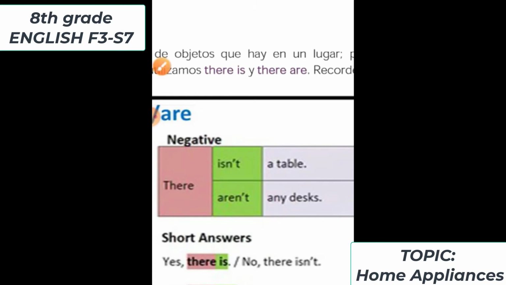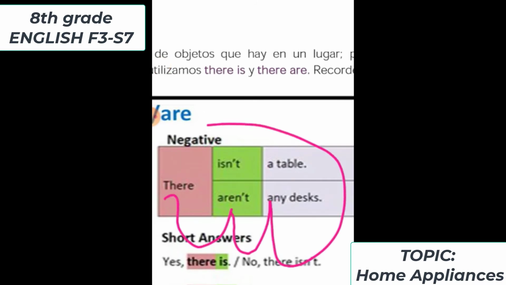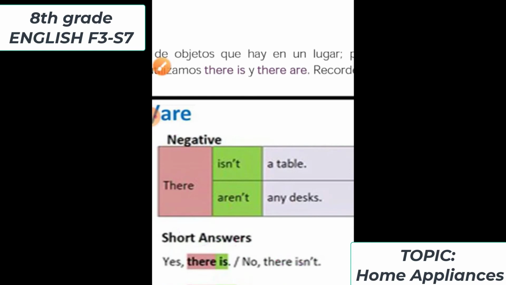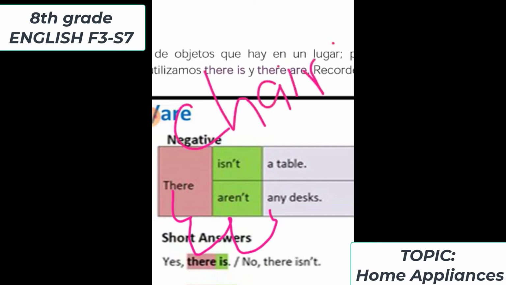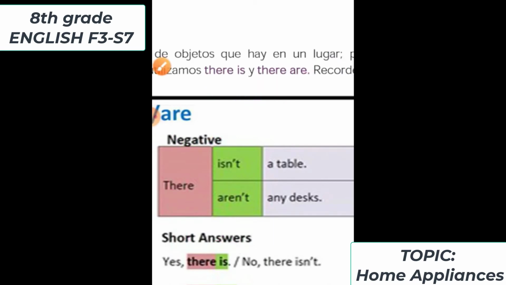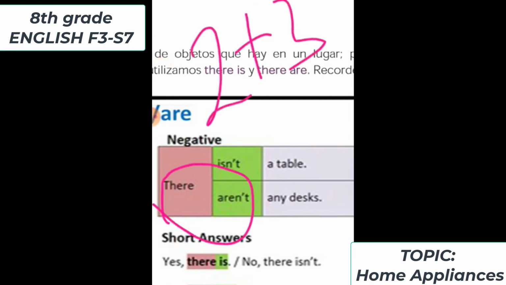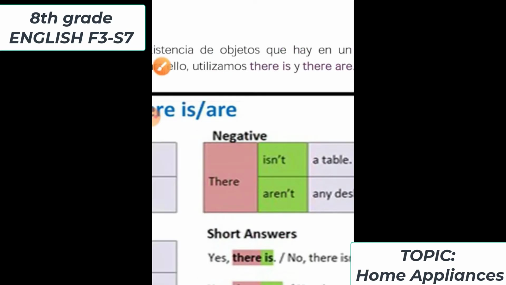Lo mismo decíamos con sillas. There aren't any chairs. Recuerda, there isn't es para singular cuando solo hay uno. Y there aren't es para plural cuando hay más de uno. 2, 3, 4, 5, more, ¿ok?